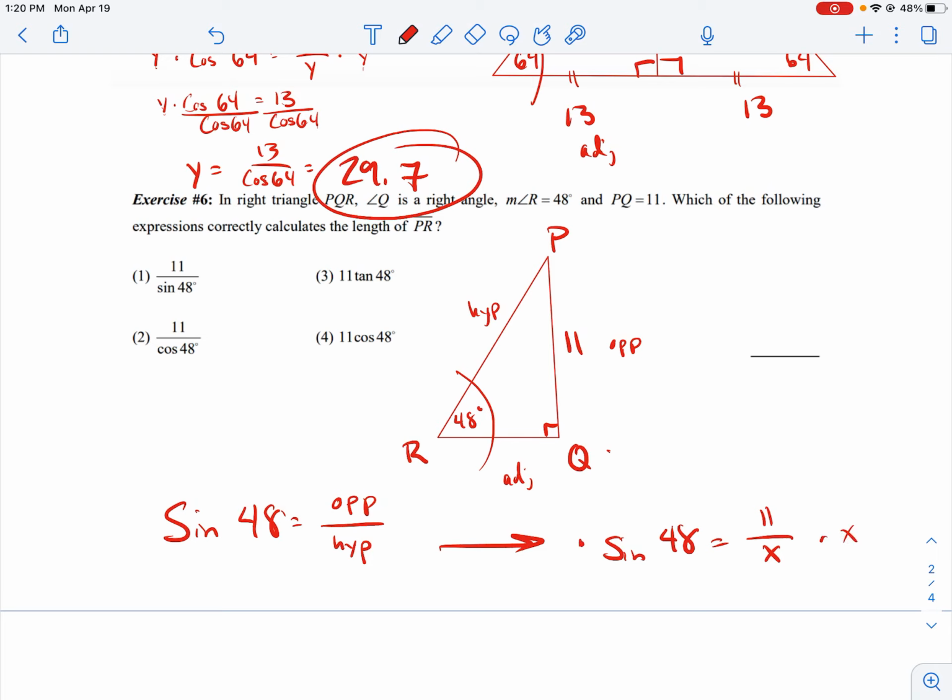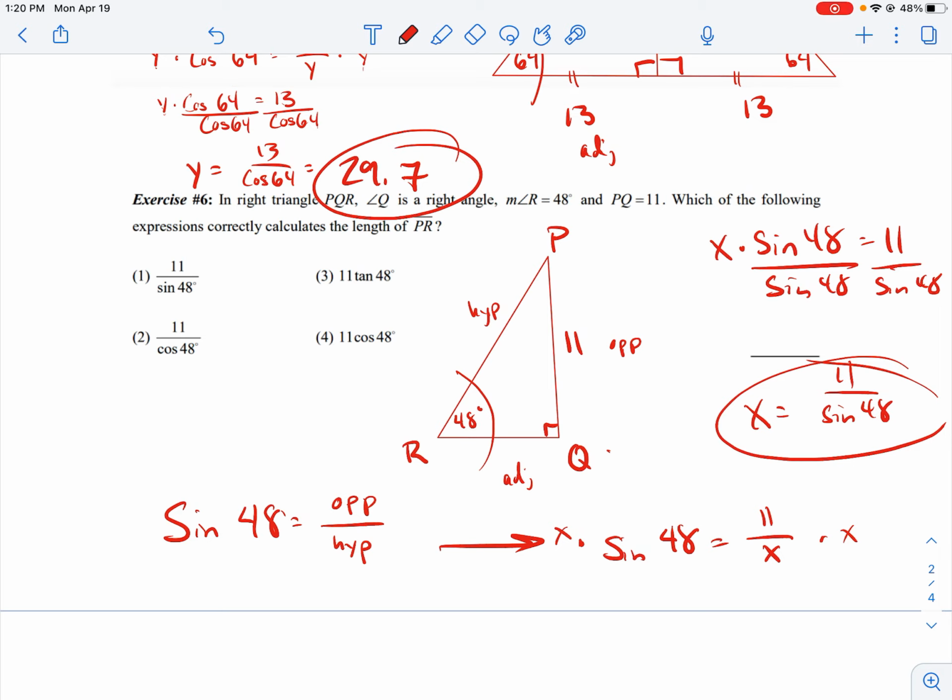Multiply both sides by x, so x times the sine of 48 is equal to 11. Divide by the sine of 48. x is equal to 11 divided by the sine of 48, which is right there.